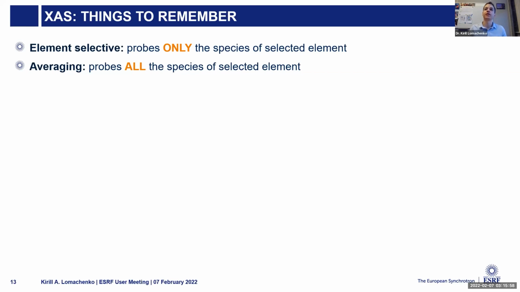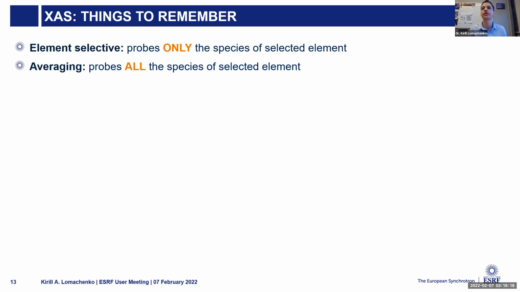It's not only about the oxidation state, but also about the local environment. If you have different species of the same element, different species that have different local environments, well, in your XAS spectra, you will see the contribution of all of them.